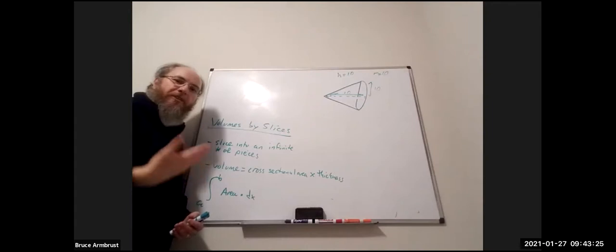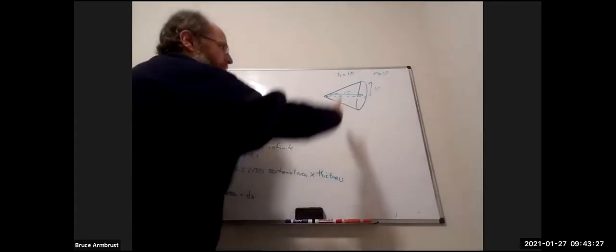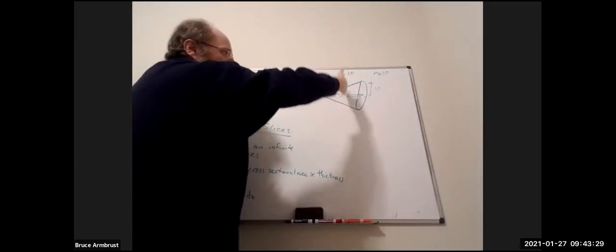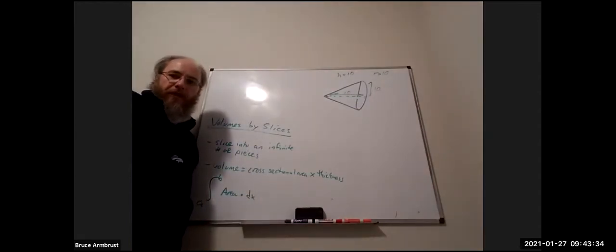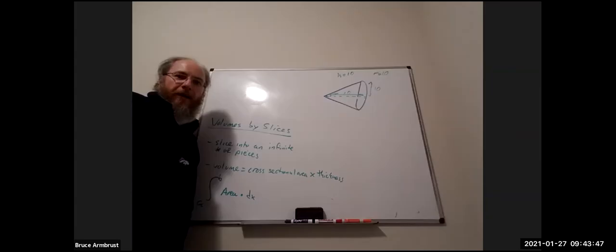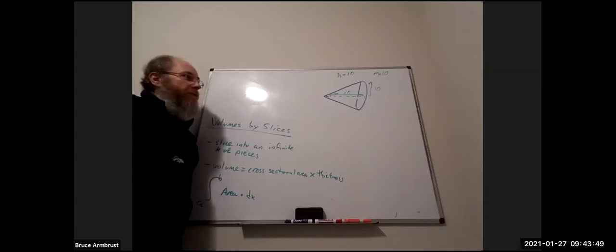So imagine slicing through that. If I were to slice through this, what would the cross sections look like? What shapes do those cross sections have? Can you picture it? All right, thanks, Alexis. They're going to be circles.